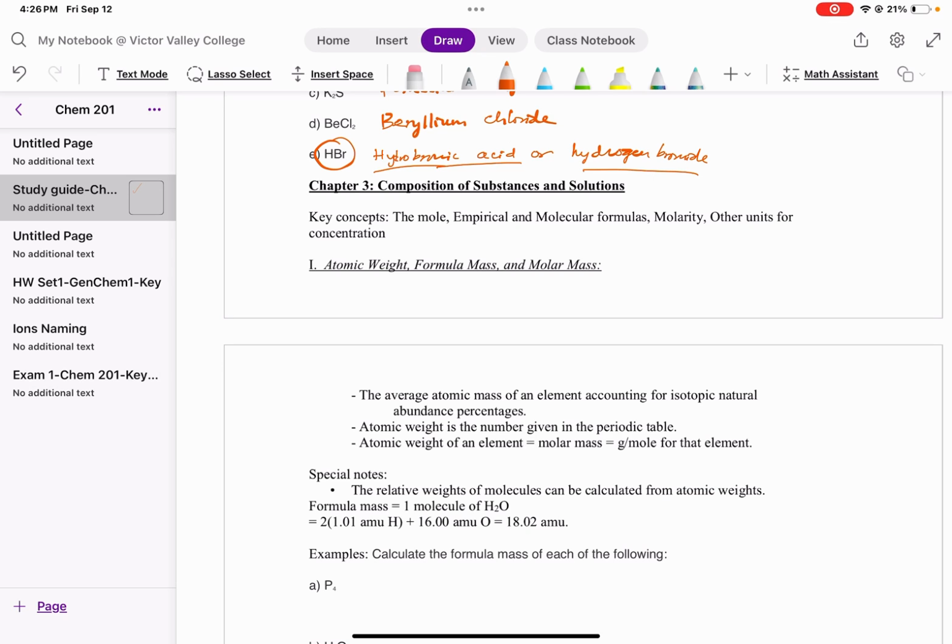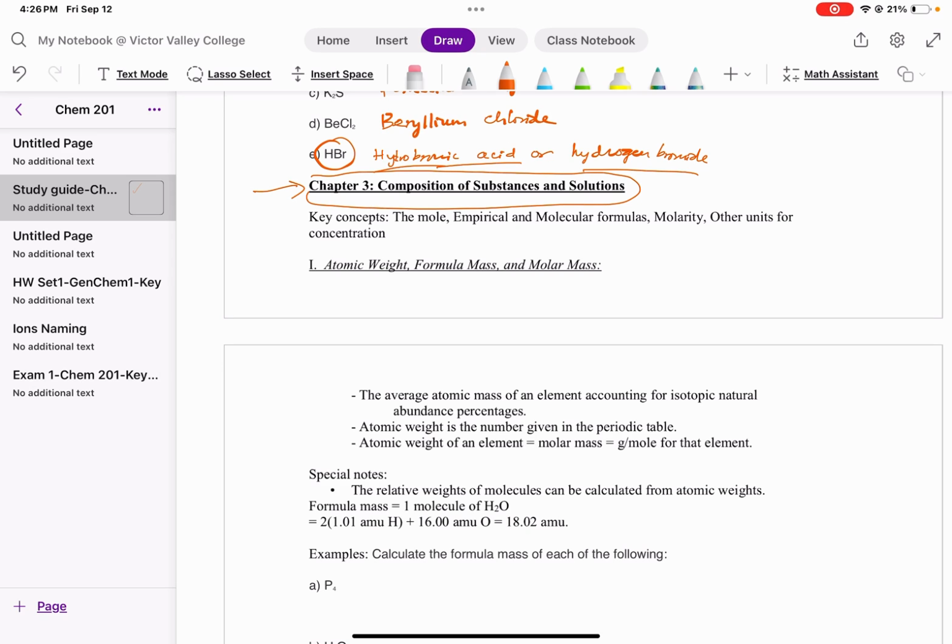All right, we will be discussing compositions. Chapter 3, that's composition of substances and solutions.